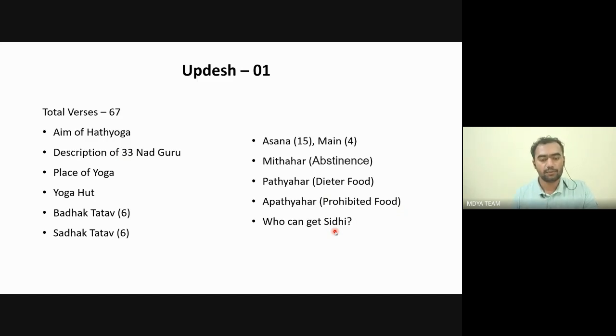At the end of the first Upadesh there is a sloka, yuva vriddho to vriddho va, mentioning that anyone can get siddhi, but they need to practice regularly. Veshadharanam siddheh karanam na cha tat katha: only wearing saffron clothes and growing our hair long is not siddhi. We can get siddhi only by practice.